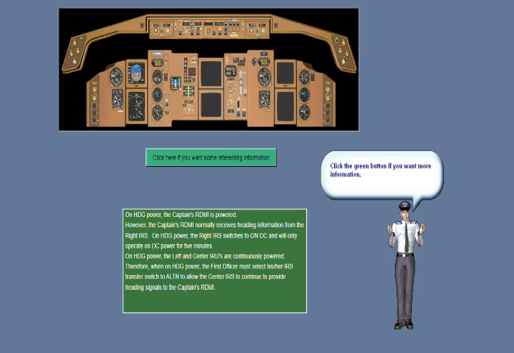APU electrical power distribution is through the tie bus. Providing external power is not connected to the tie bus, and both engine-driven generators are not operating, APU generator electrical power is applied to both main AC buses through the bus tie breakers.